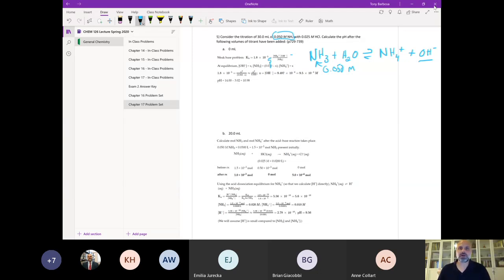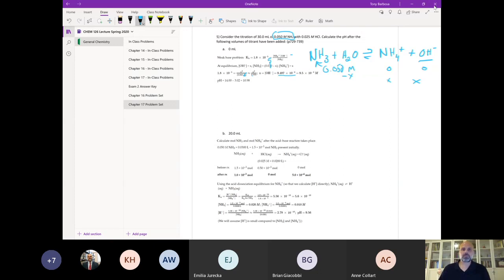So we have 0.05, we have 0 to start for each of these, and you're simply solving for x. You have x here, x there, and 0.05 molar minus x on the side here. You make the assumption that the x in the denominator goes to 0, and then you solve for the hydroxide ion concentration. So that gives you x. That's your hydroxide ion concentration right here.